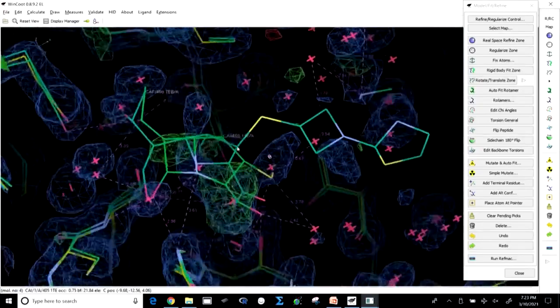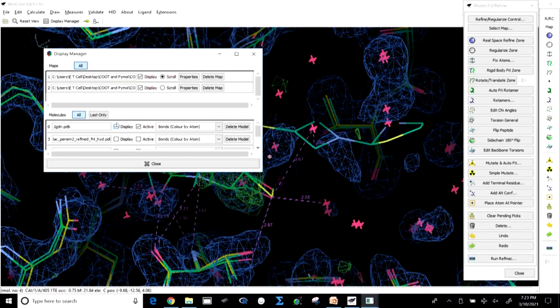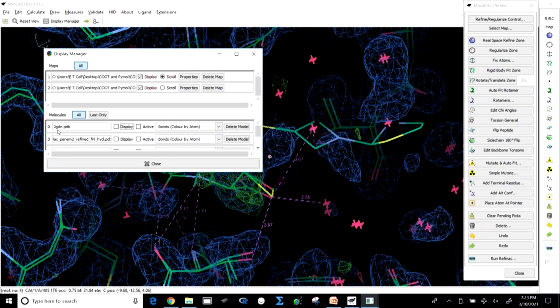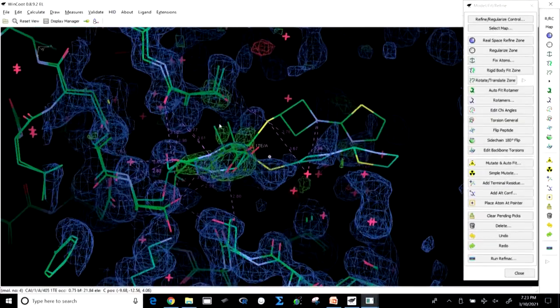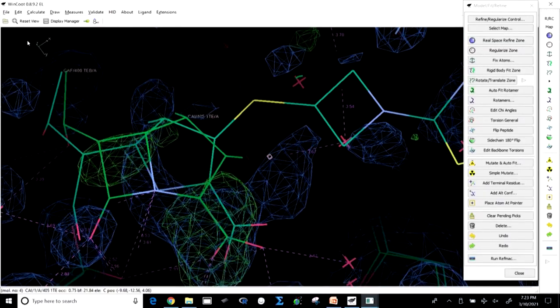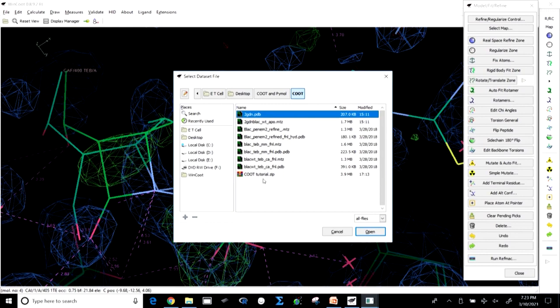Now, you will understand what I talked about. If we go to the display manager and we put both of them out of the system, we only have the 2 tebipenems. You could clearly see that, and we could also bring the MTZ file of any one of that.